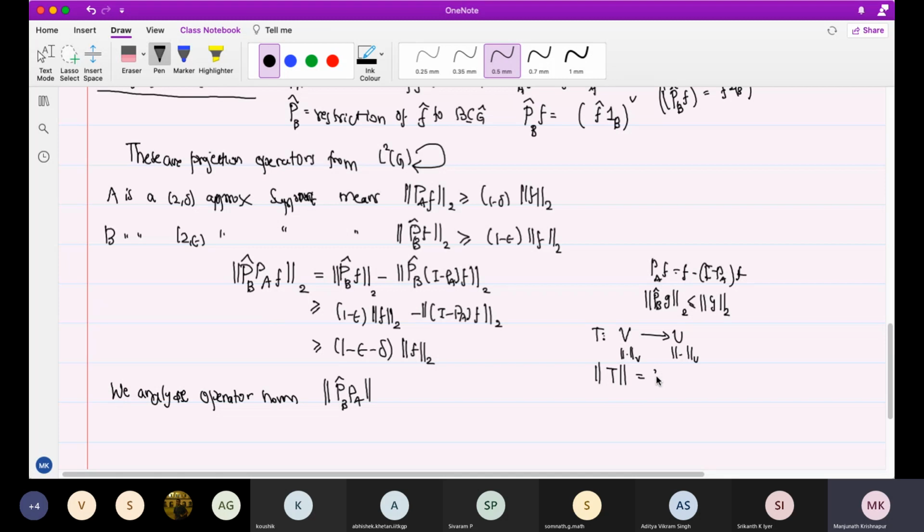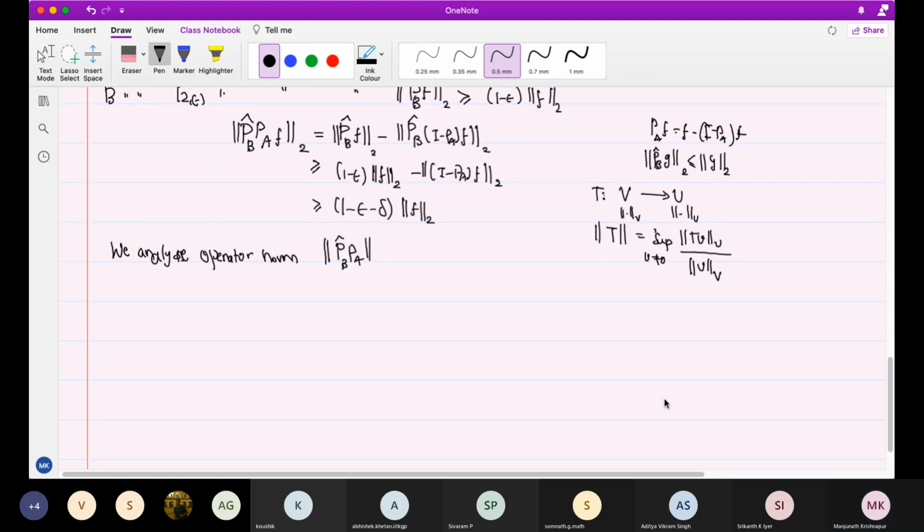Then the operator norm is defined as the supremum of the norm of TV taken in U, divided by the norm of V taken in V, over V not equal to 0. Which is the same as the supremum over norm V equal to 1. Okay, so this is the operator norm.